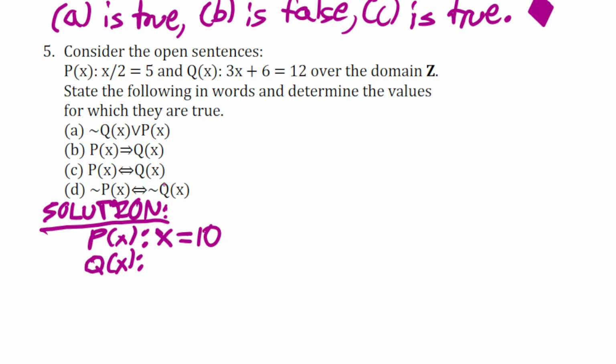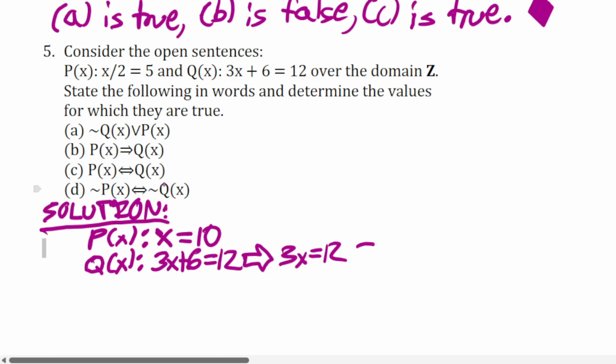Then for Q of x, we can write it as, so we subtract 6, we get 3x equals 12, which gives us, that's not a good arrow, I'm trying to make a little better one, x equals 4.